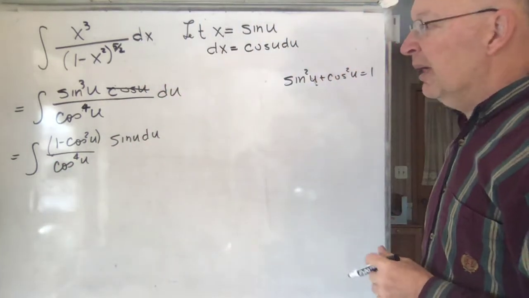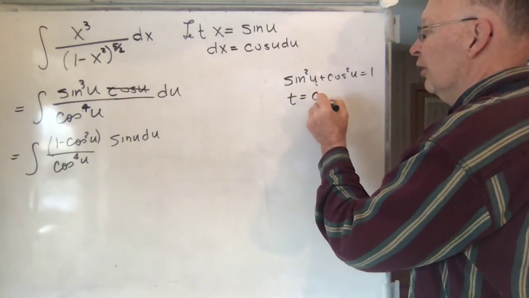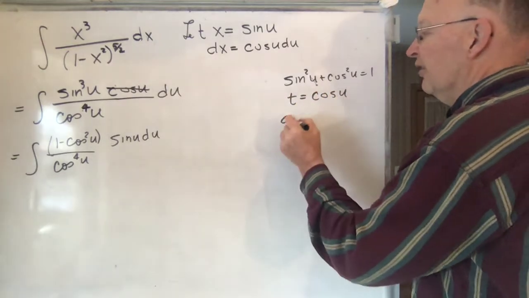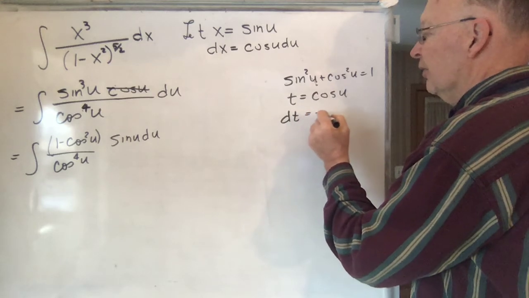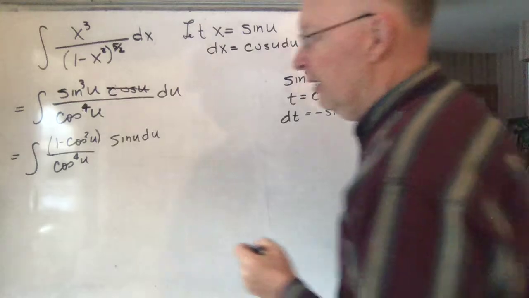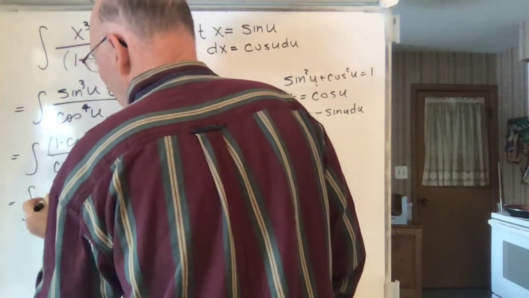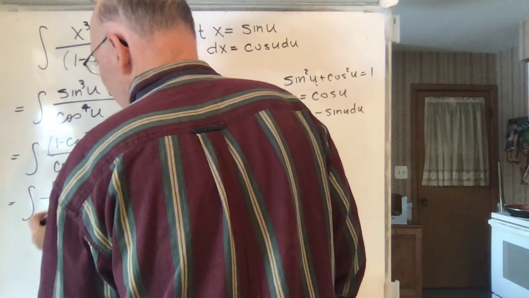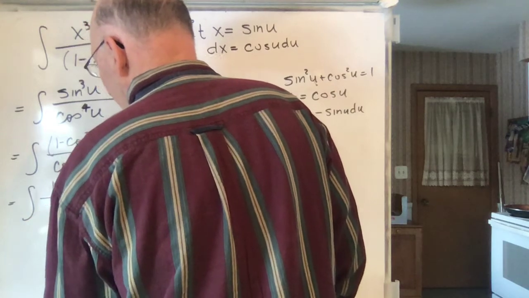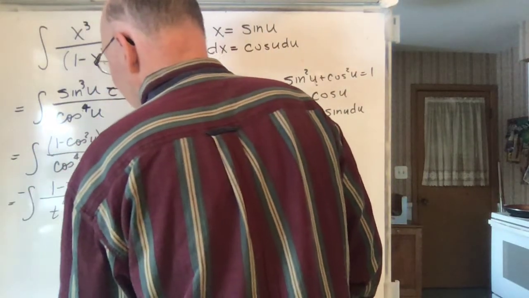So now I need to make another substitution. Let's let t be equal to the cosine of u, and so dt is equal to minus sine of u du. See that? So this becomes 1 minus t squared over t to the 4th, and then sine of u du is a negative dt.